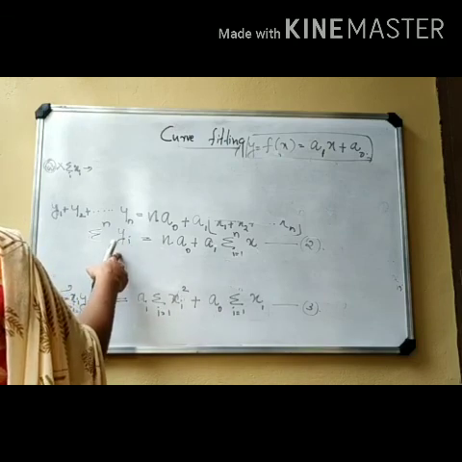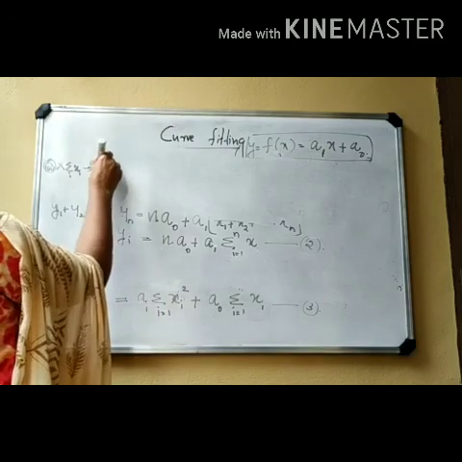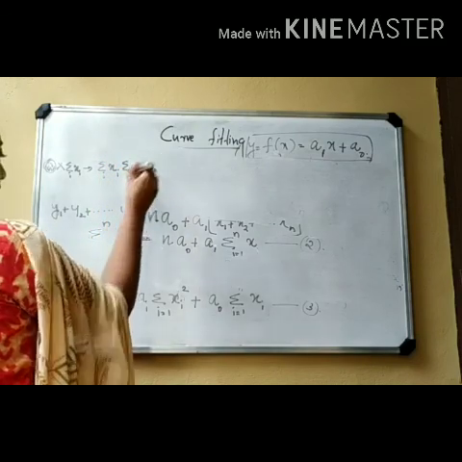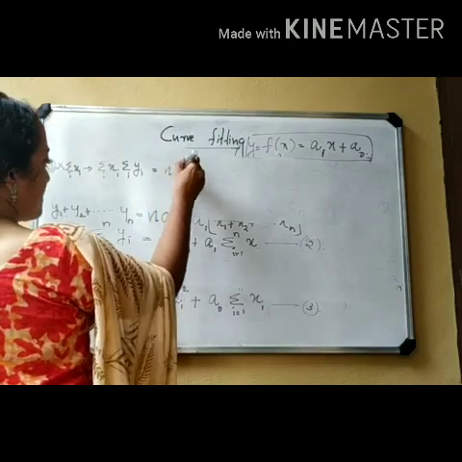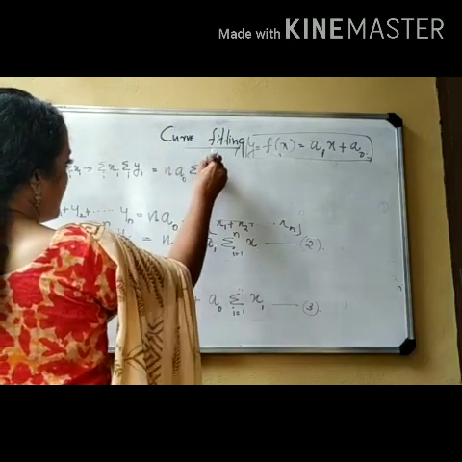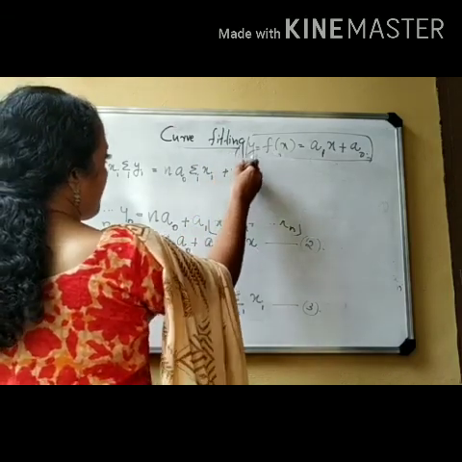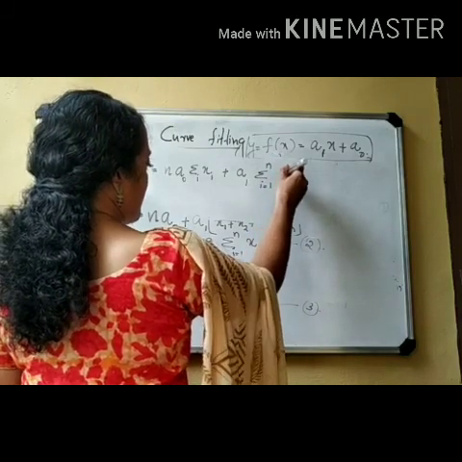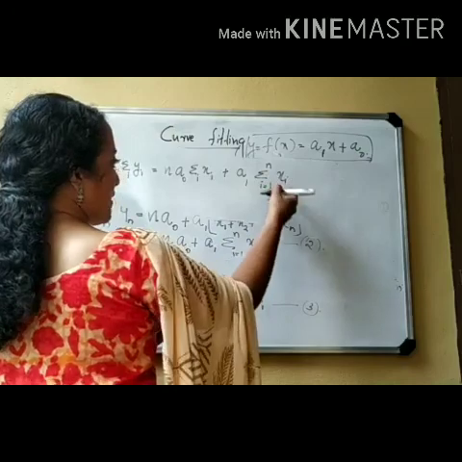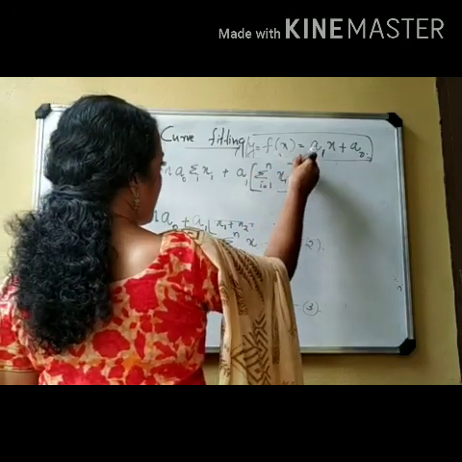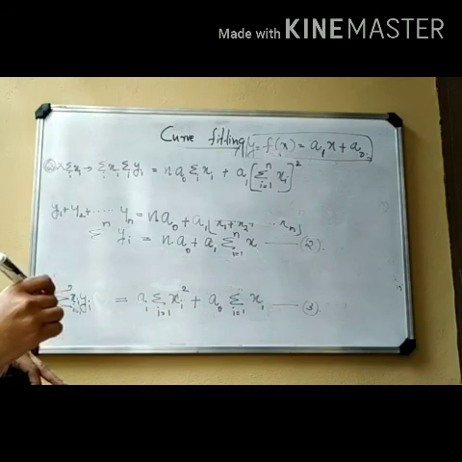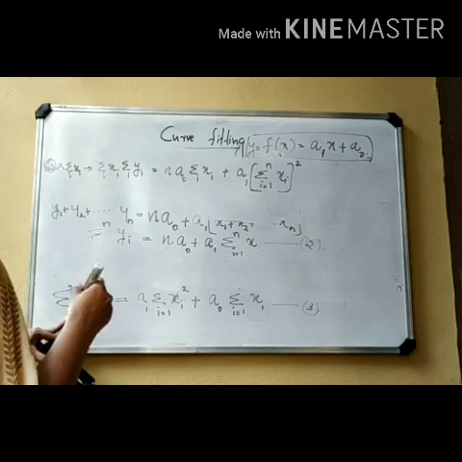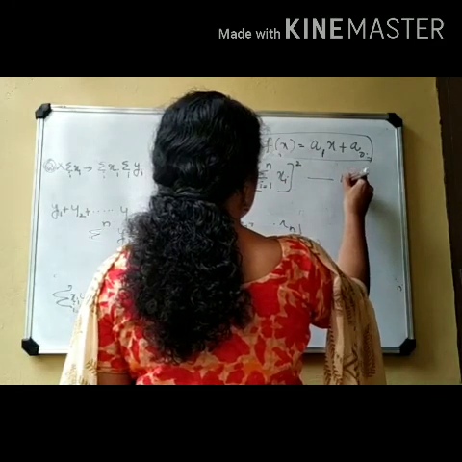Equation 2 into sigma i xi: left hand side sigma i xi times sigma i yi equals, here also n times a0 sigma i xi plus a1 sigma i equals 1 to n xi, again multiplied, so sigma i xi the whole square. That is our equation, and this may be marked as equation number 4.